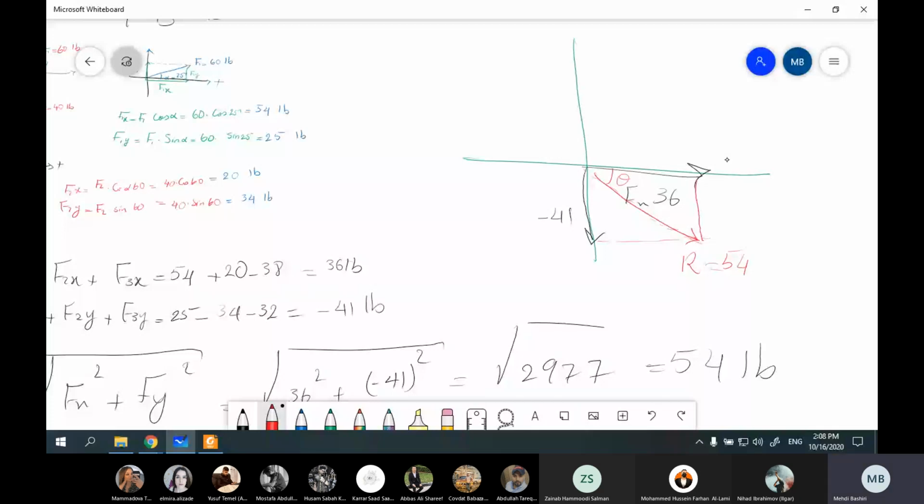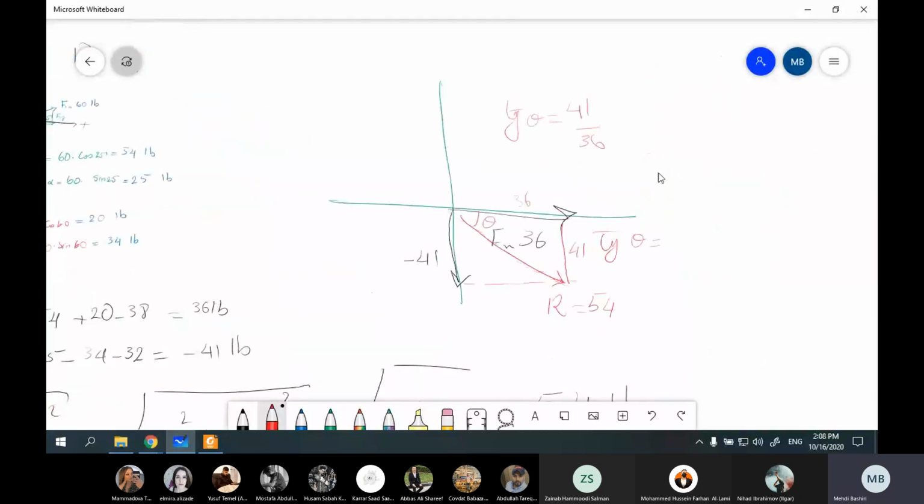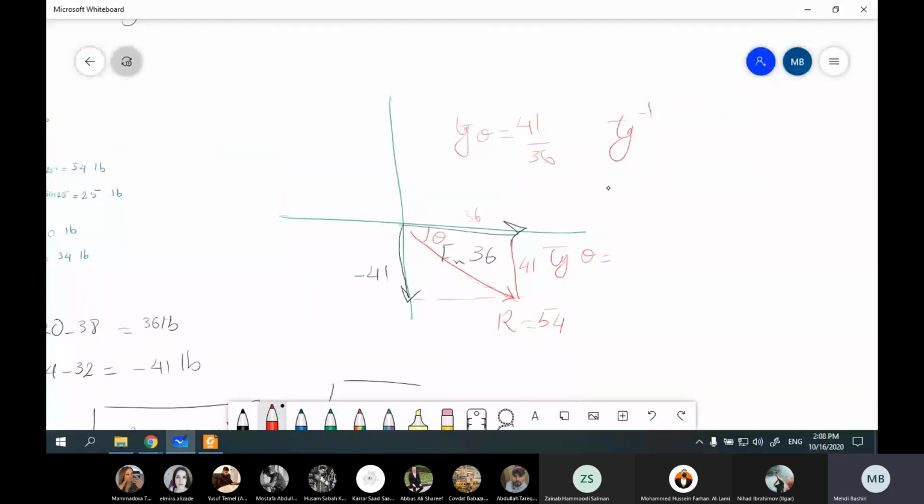Theta: tangent of theta is equal to this one, 41, divided by this one, 36. Tangent of theta is 41 divided by 36. And the final angle is tangent inverse of 41 divided by 36. Okay? This is theta, or the final direction.